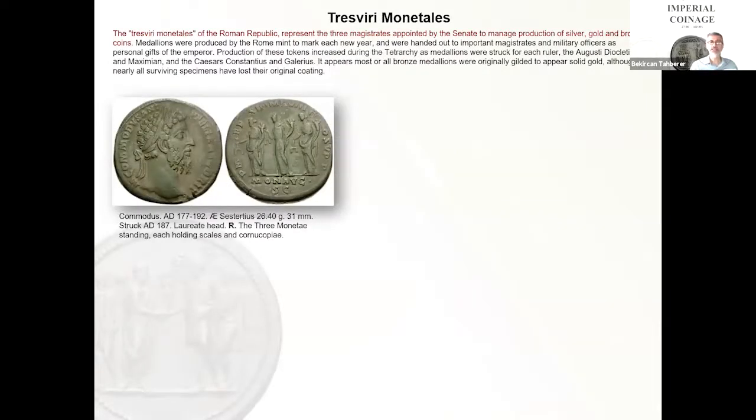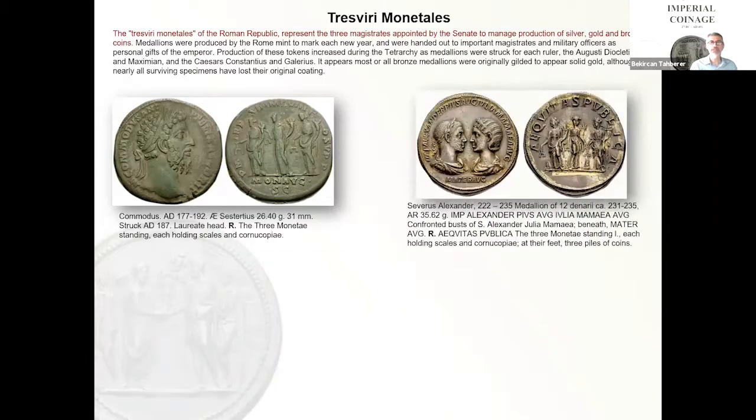Tresviri monetales. They were first introduced during the Roman Republic, representing the officials presiding over the minting of gold, silver, and copper coins. Their personifications were first used on a coin of Commodus during the imperial period.